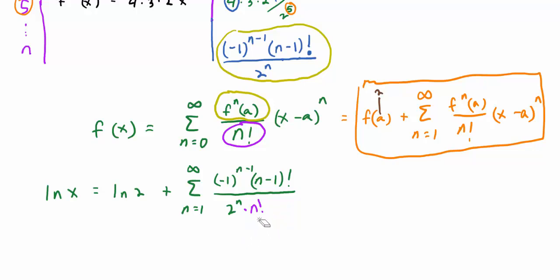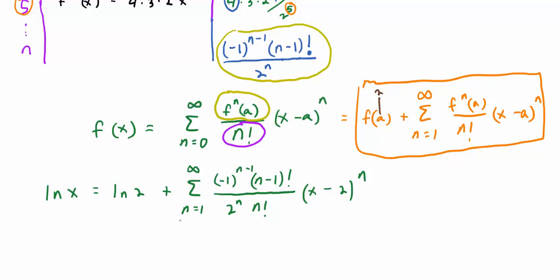So long story short, in this particular problem, we get in the denominator 2 to the n times n factorial, and of course that's going to simplify, times x minus a to the, which is, well, what's a? 2 to the n power. Not done, got to simplify, but that's it. It's not wrong, it's just not simplified.